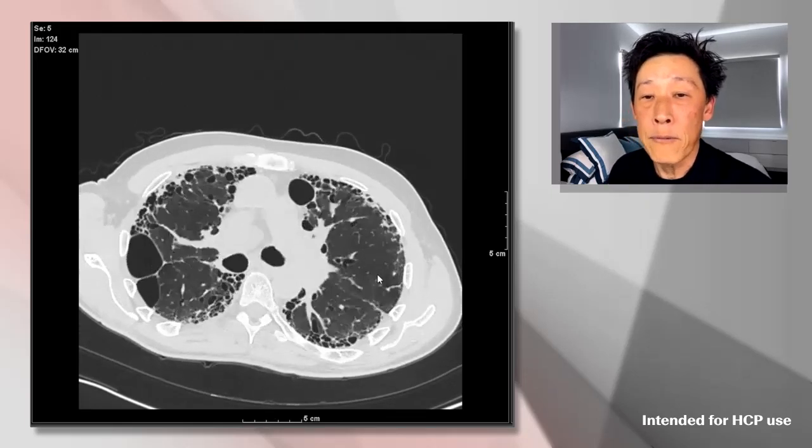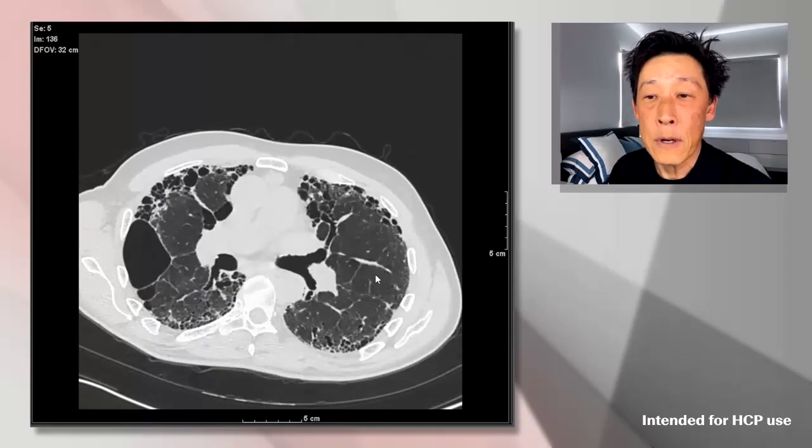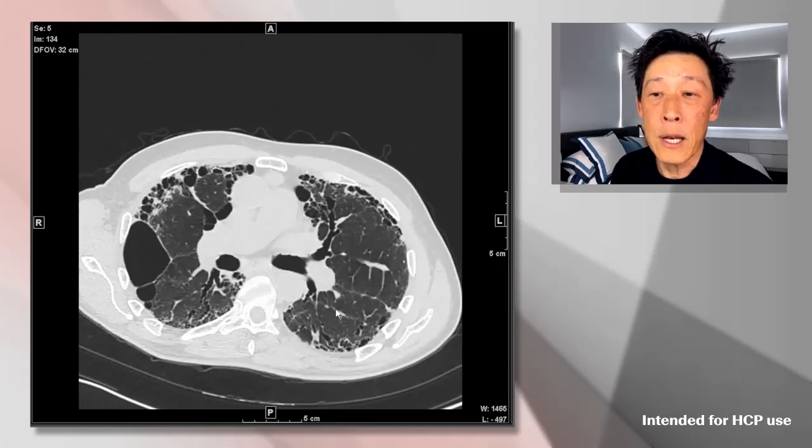Now, let's go a little bit further, more inferiorly, and I'll point out a nice example of traction bronchiectasis. So here we're in the upper lobe anterior segment, and if we follow this airway, we can see just how irregular it is as we go out to the periphery. And we can see that it abnormally dilates, when a normal airway should certainly taper as we get out to the periphery. If we look immediately outside of the airway, we can see that the lung is highly abnormal.